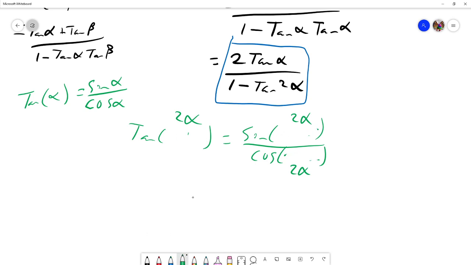So with this, we know that sine of 2 alpha is just 2 sine alpha cosine alpha over, and we'll use this identity, cosine squared alpha minus sine squared alpha.